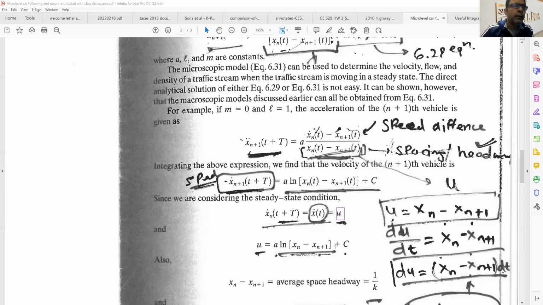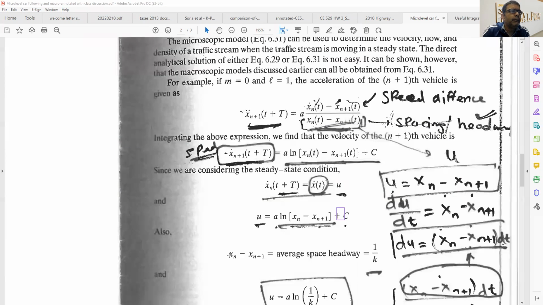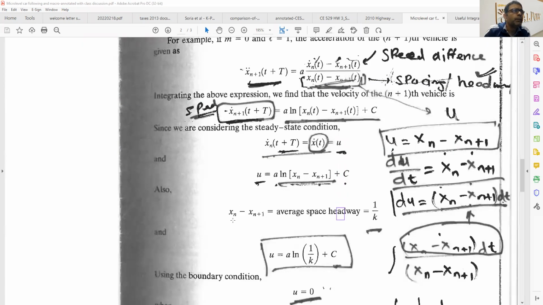Now, remember, this is something that we did not get a chance to go over a whole lot in the class towards the end, so this is something that you should pay attention to. xn minus xn plus 1 dot equals the average space headway, which is essentially nothing but the reciprocal of the density.